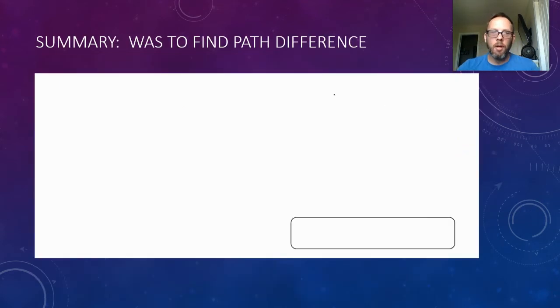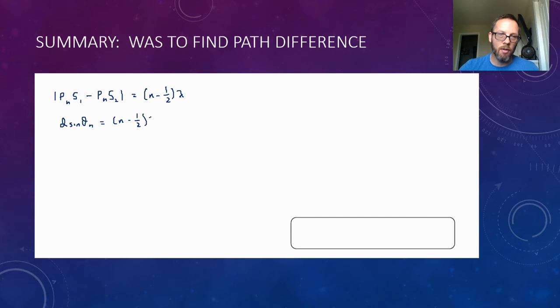So let's summarize all we know, because we've done a lot of things and drawn a lot of diagrams. The very first thing we did was, given a nodal point, we can make some measurements. The path difference, literally just measuring it on a diagram, is n minus a half times lambda. But we also showed that d sine theta n was equal to n minus a half times lambda.